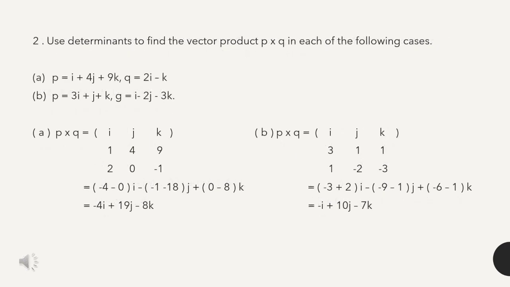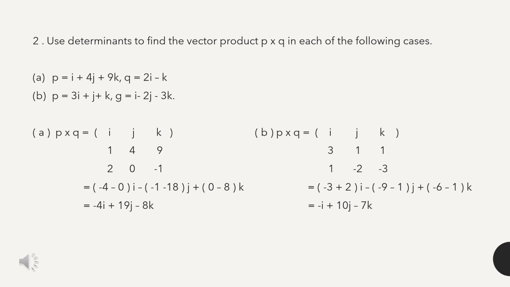Question 2. Use determinants to find the vector product P times Q in each of the following cases. A. P equals I plus 4J plus 9K.